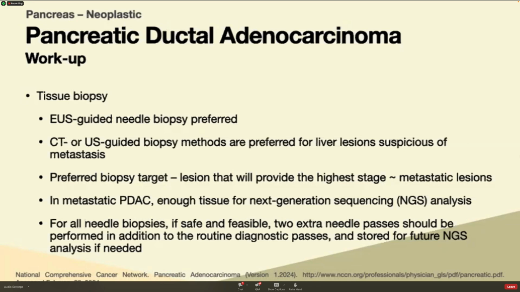The preferred biopsy target is the lesion that will provide the highest stage, such as the metastatic lesions. For patients with metastatic pancreatic ductal adenocarcinoma, there should be enough tissue specimen for next generation sequencing or molecular analysis.